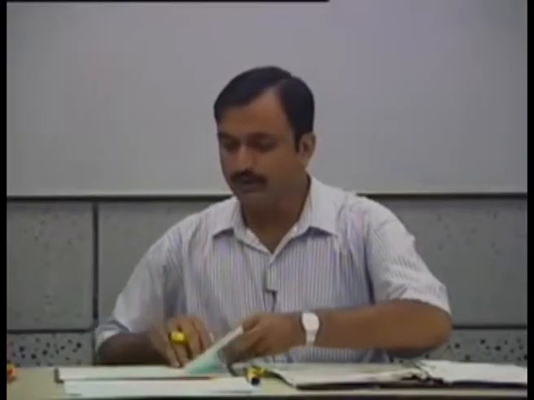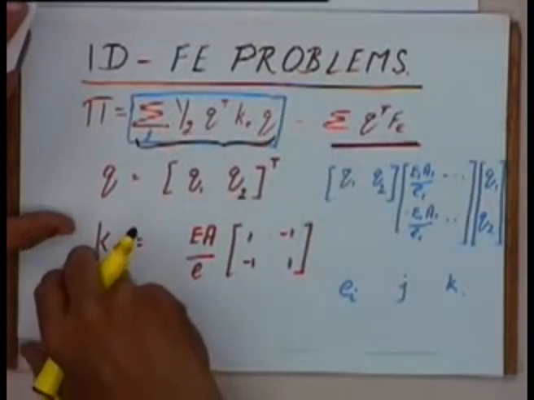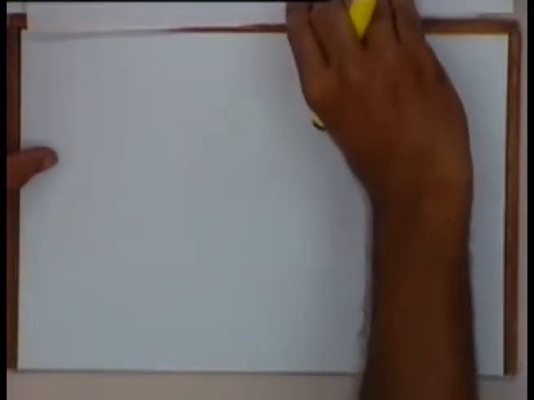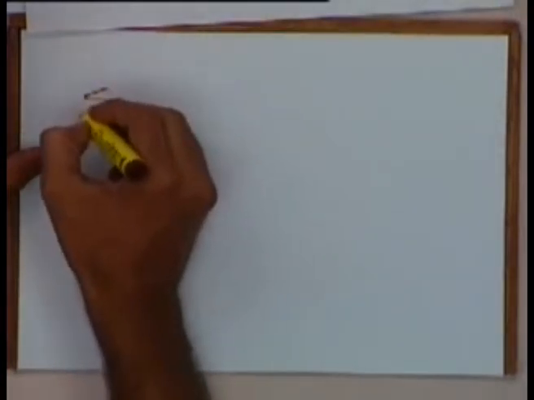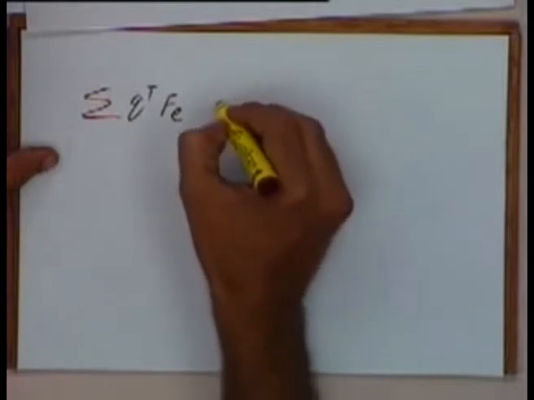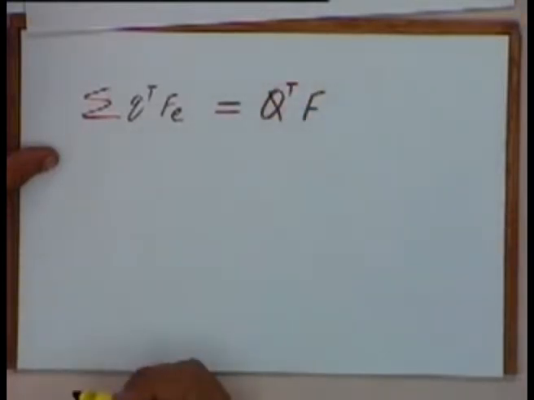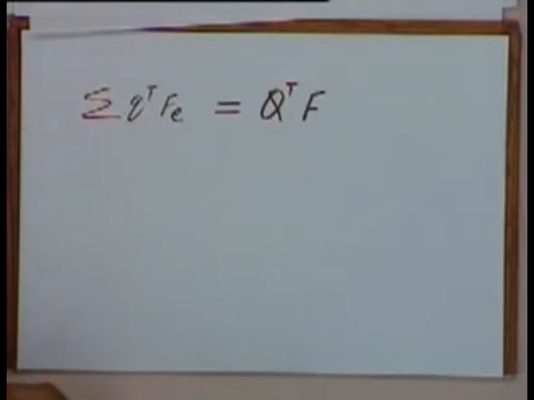Okay, and now if I look at this term, that is sigma q transpose Fe, you'll find that this will be equal to q transpose multiplied by F. Okay, how do we get that?